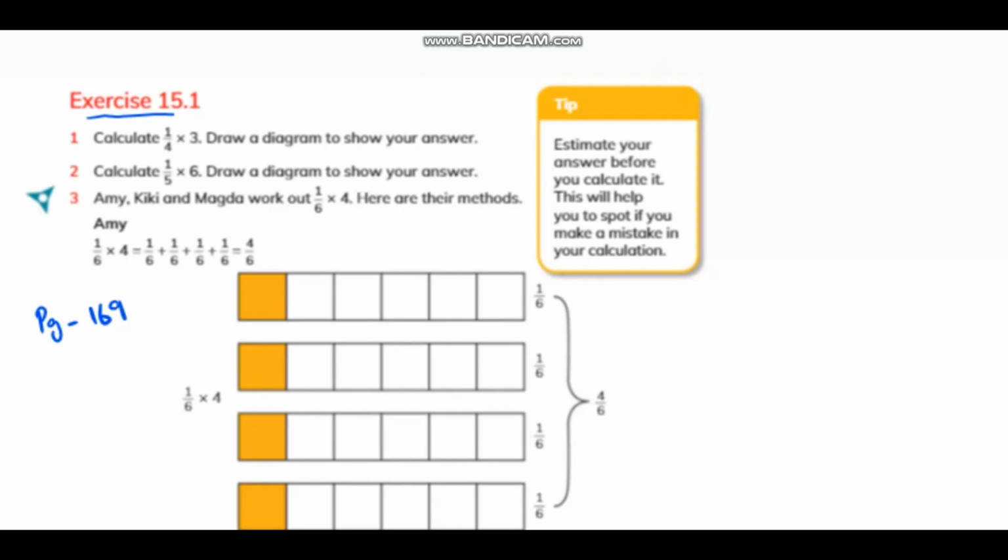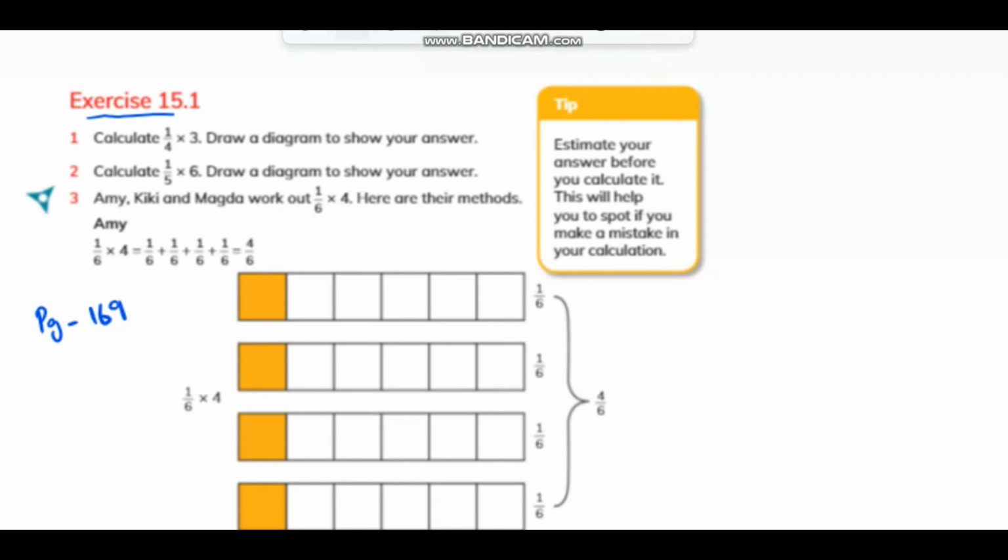We will see how we can multiply. Then he says draw a diagram to show your answer. So we have to draw the diagram and also show the answer in the diagram.